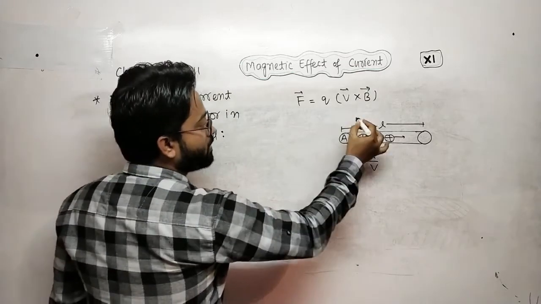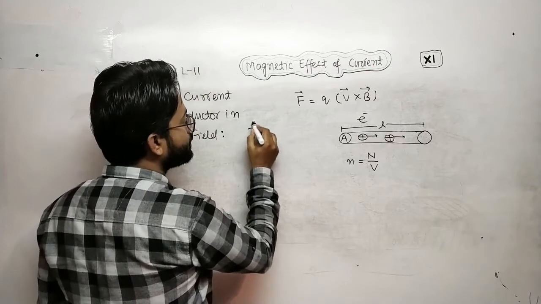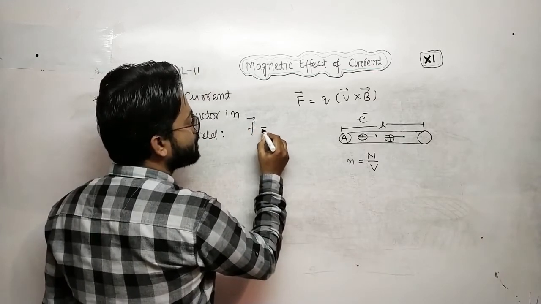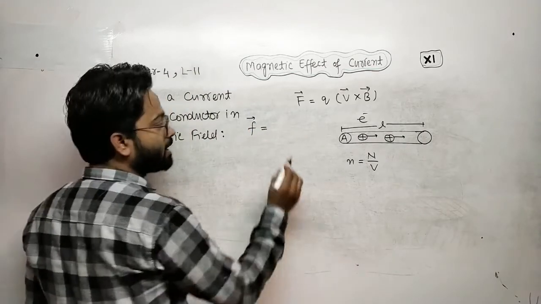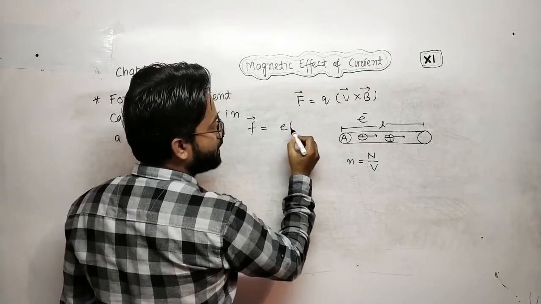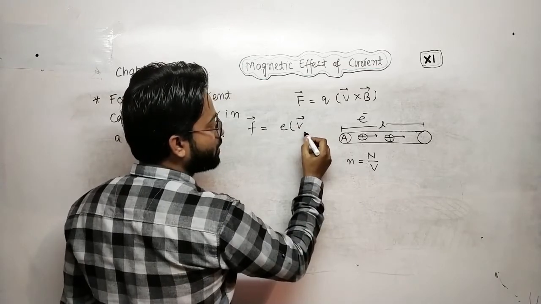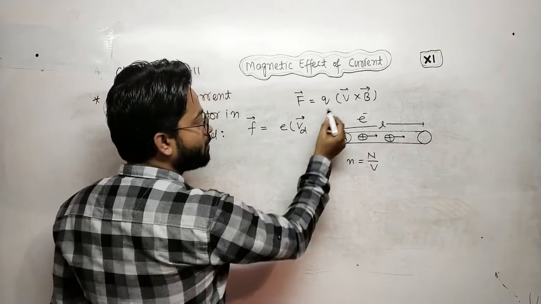Let us suppose we have taken only one electron. So the force on an electron: in place of Q we will write E, and in place of velocity we take the drift velocity, cross magnetic field, because the velocity of the electron is the drift velocity.